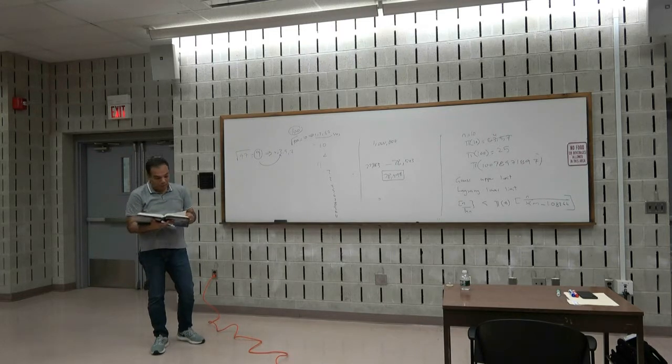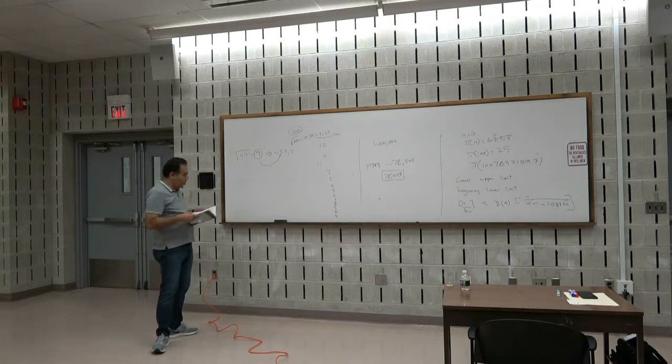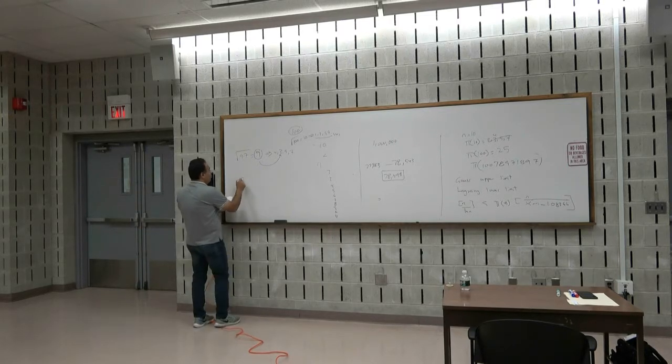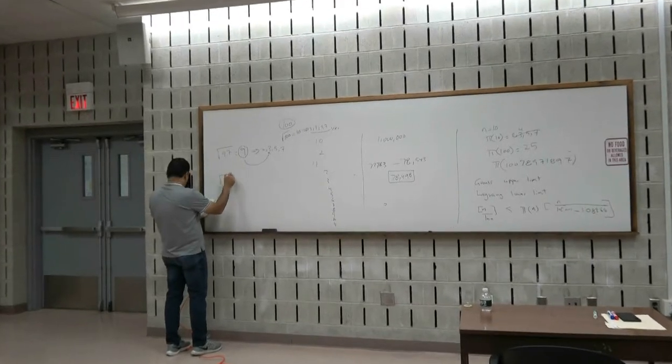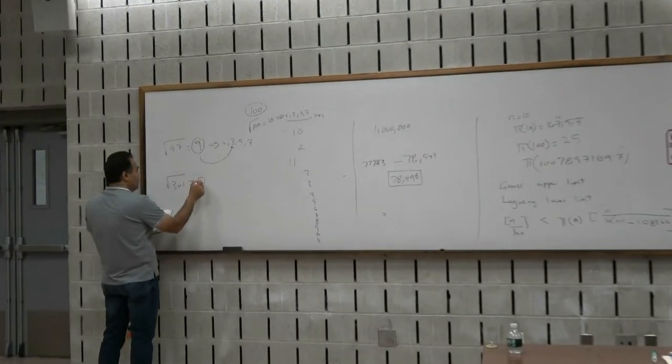Another example: 301. What's the first thing you have to do? The root. It'll give me 17, right?